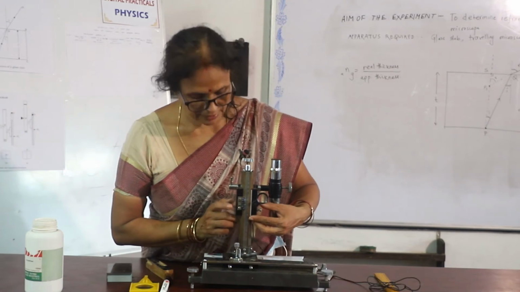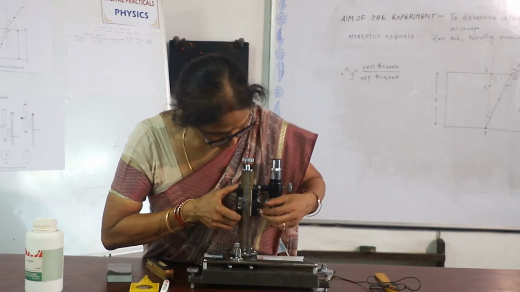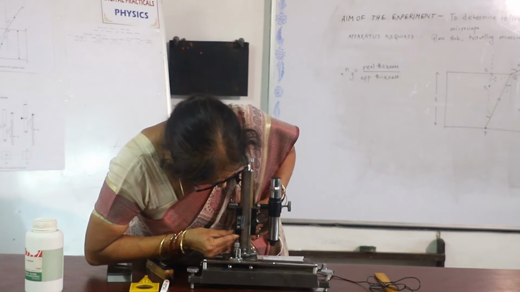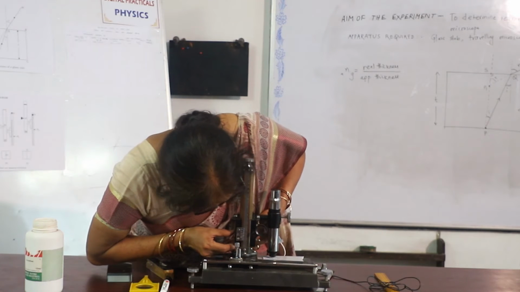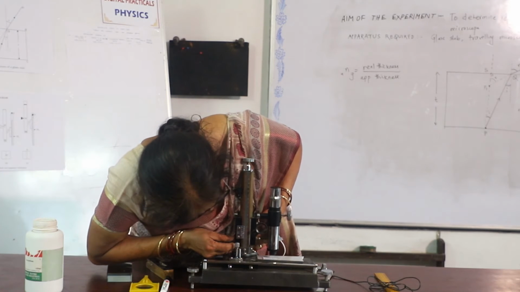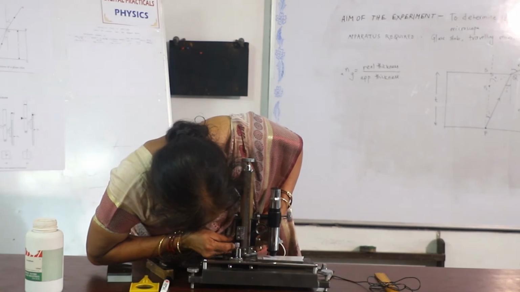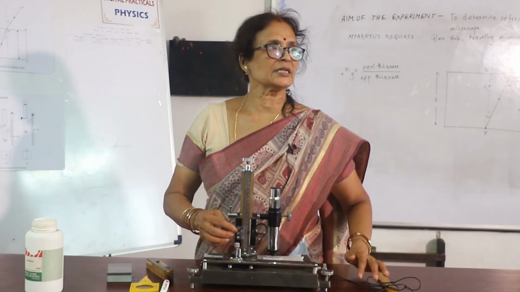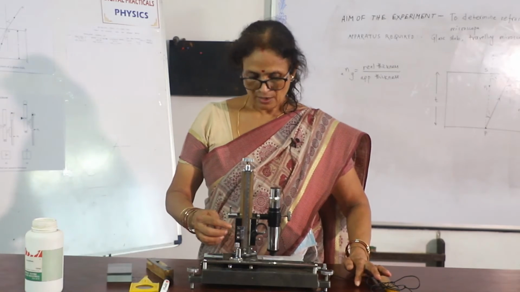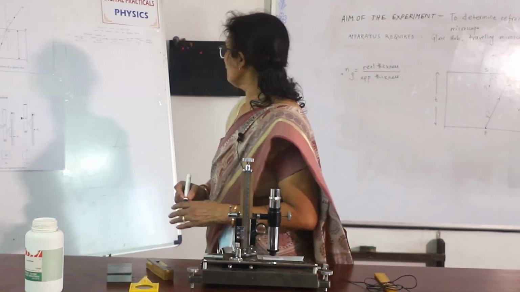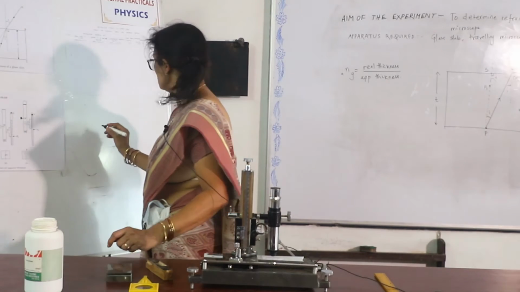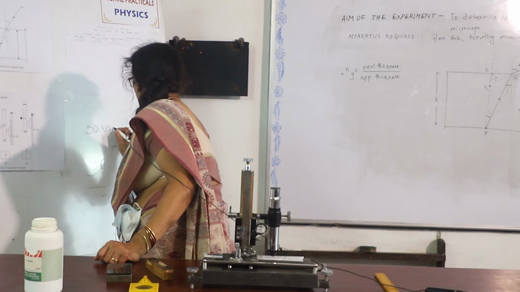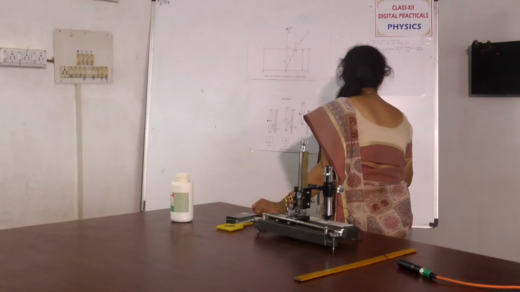How to find the least count of this vernier calipers? To do that, first you bring it down so that the zero mark of the vernier scale coincides with the zero mark of the main scale. Now, you will find here 50 divisions are there on the vernier scale, and when you bring it down, you will find 50 vernier scale divisions coincide with 49 main scale divisions.